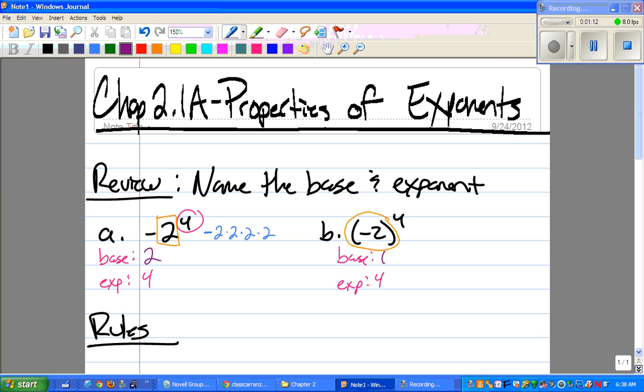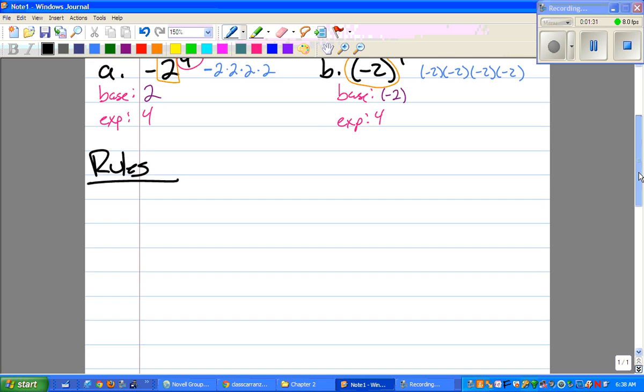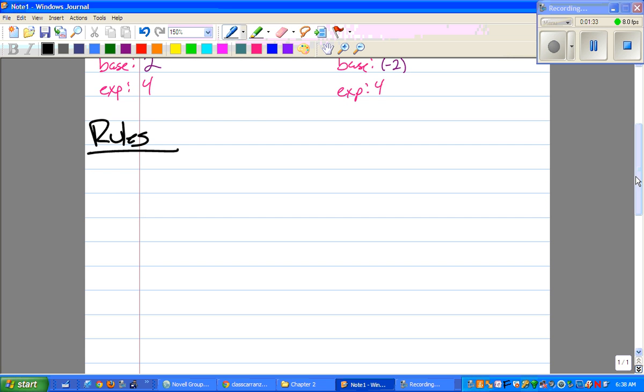So the base for this second one is negative 2, because this is saying negative 2 times negative 2 times negative 2 times negative 2. Okay? Very important to make sure to look to see what is directly in front of your exponent.